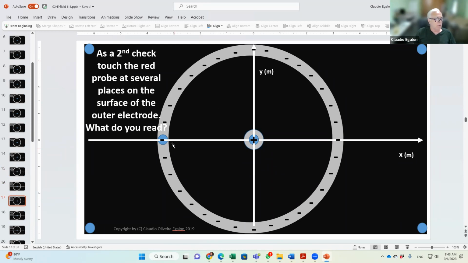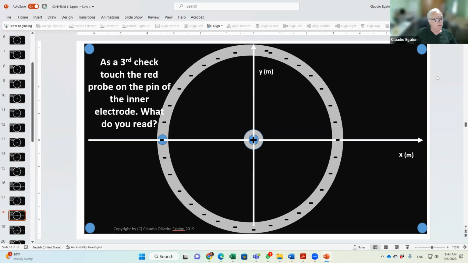The negative probe is right in here. We get the positive probe and touch here this pin, and then touch everywhere else, because there is no electrical potential difference along this conductor. You should read 0 volts. This is just a check. This is not actual data that's in the spreadsheet.